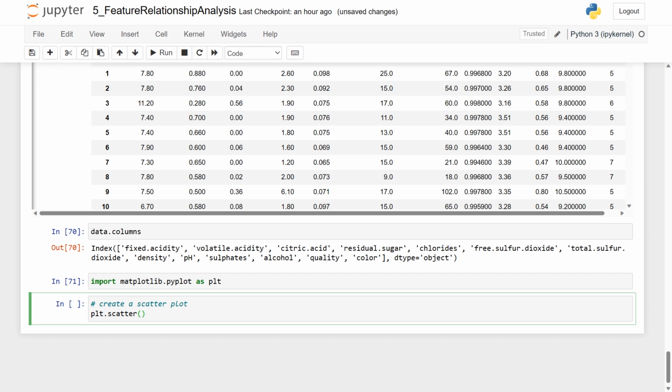Now I have to provide x and y. So let me give data fixed acidity, that's my x, and let me give y. Y is volatile acidity.